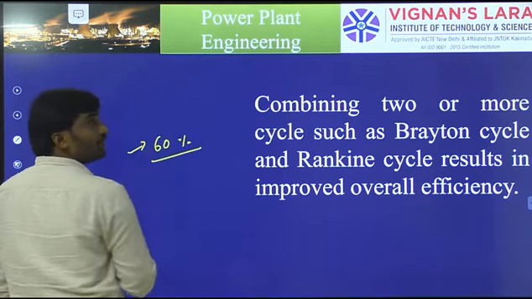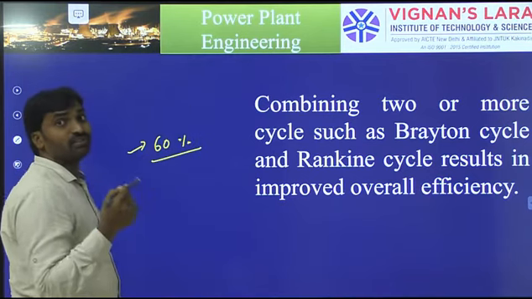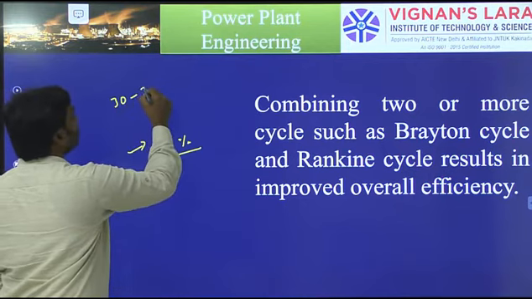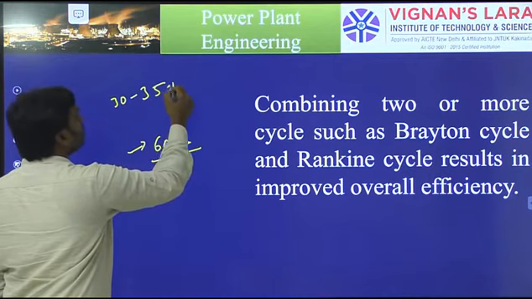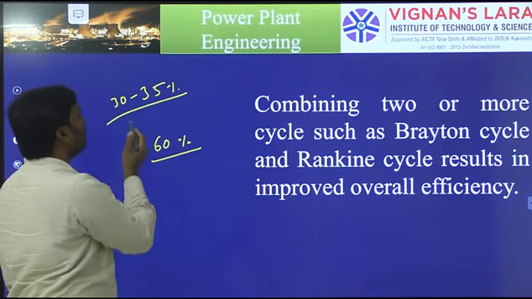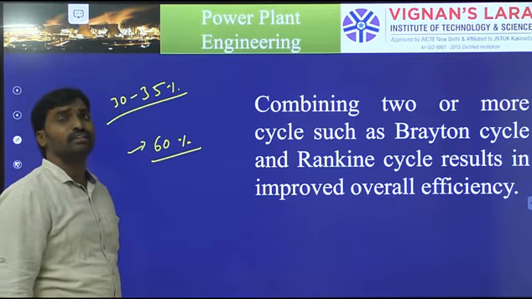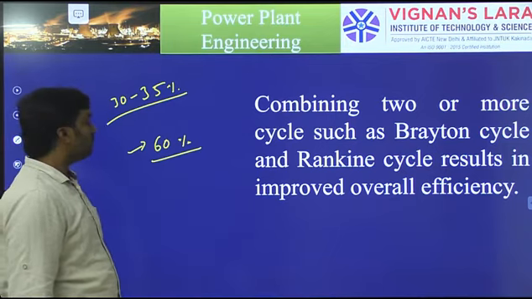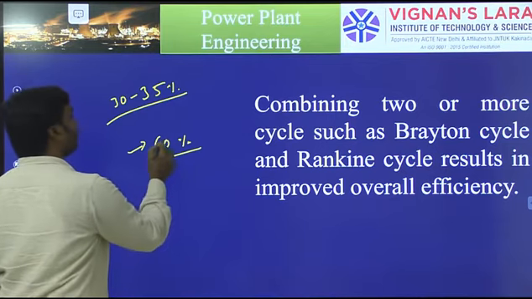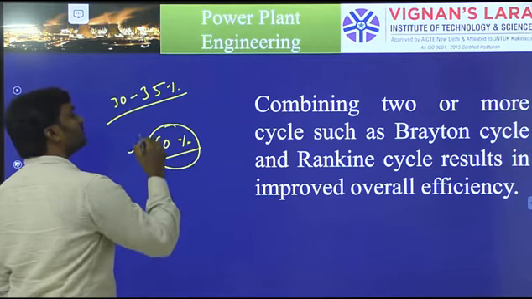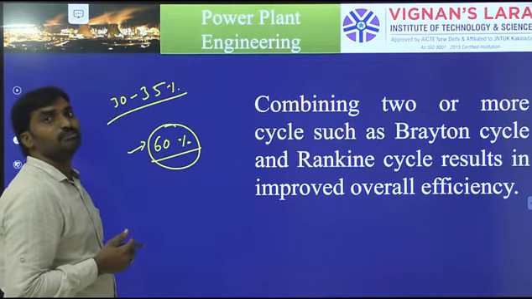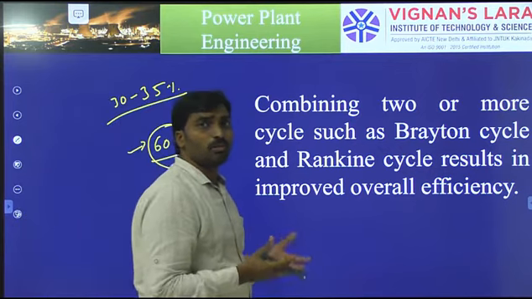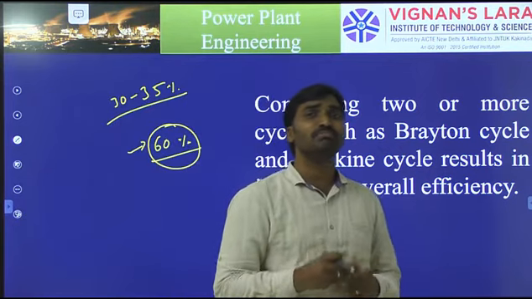Generally for a single type of power station the maximum efficiency is around 30 to 35% only, so the remaining 65 to 70% of energy is wasted. But by using a combined cycle power plant we get 60% efficiency. Later we can see where combined power plants are operated and how the efficiency is improved.